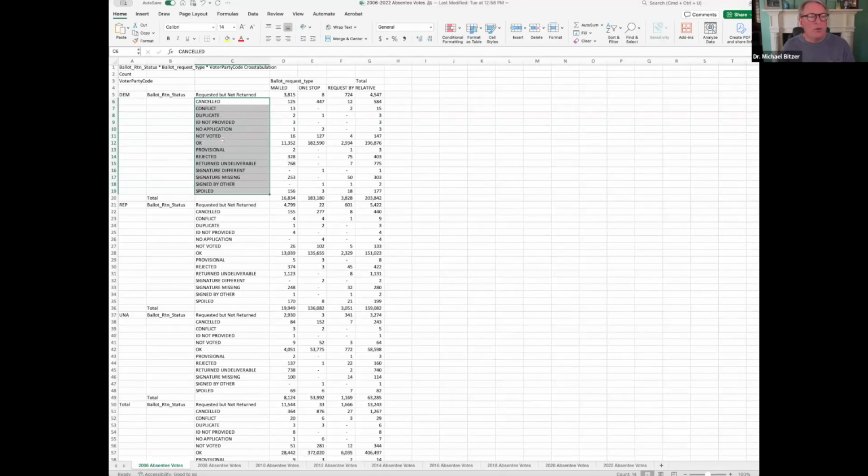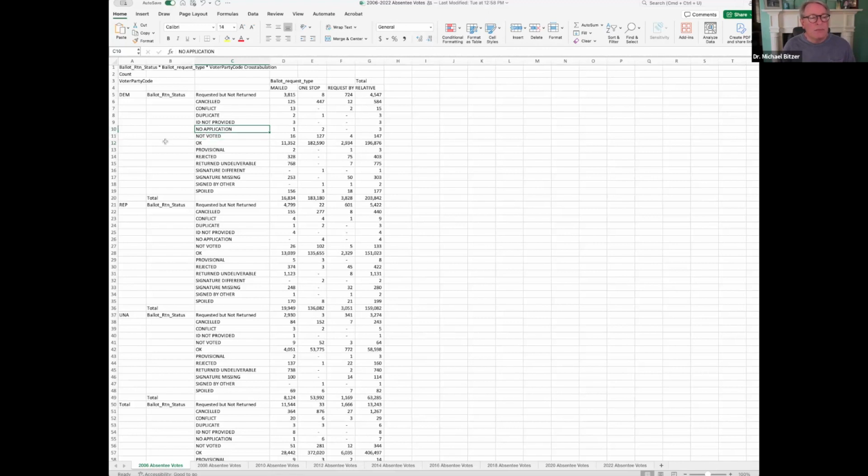In general, the one you want to focus on is the box typically labeled OK, or in later years, accepted, or accepted but cured. Those are official ballots that have been counted and have gone through the process with no issues.